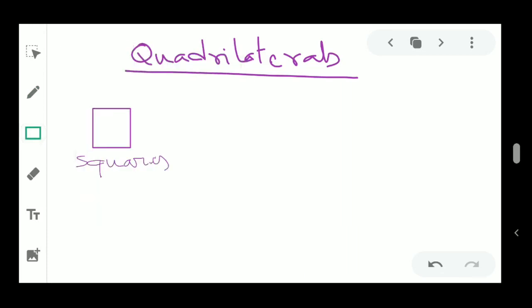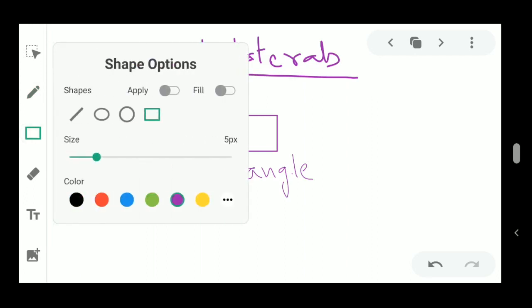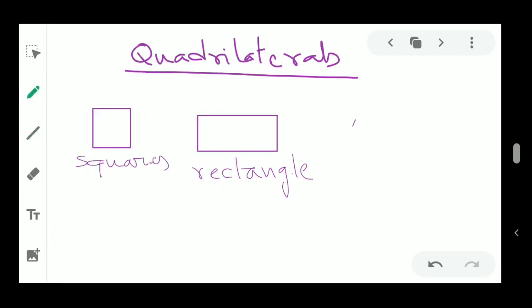Okay, the next one is a rectangle, where opposite two sides are the same, but not all sides are the same. So this is a rectangle. Then we have something that I cannot draw with this, that looks like this.